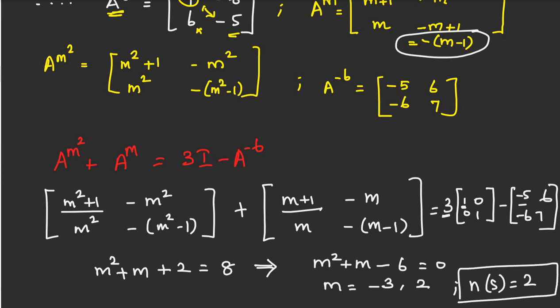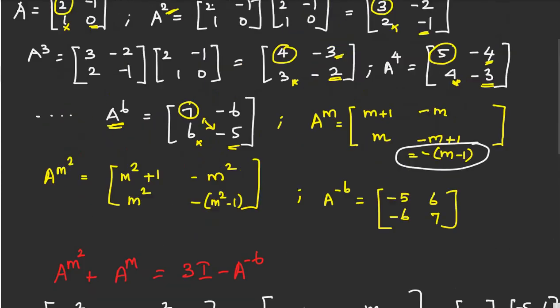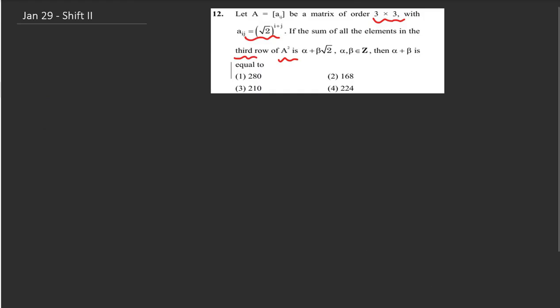Number of elements in the set can be taken to be given as a square is alpha plus beta root 2. Then we find what is alpha beta, and then alpha plus beta is what we have to find. So here let us take a matrix A equal to root 2 whole power i plus j. So root 2 whole power 1 plus 1 will be root 2.